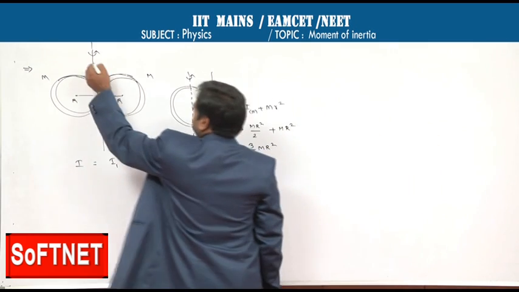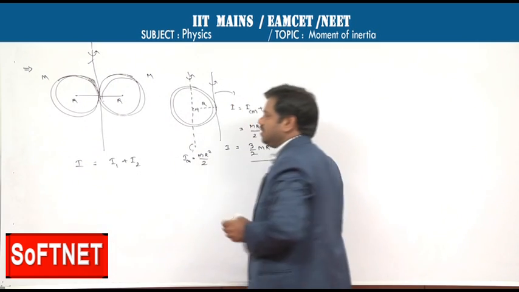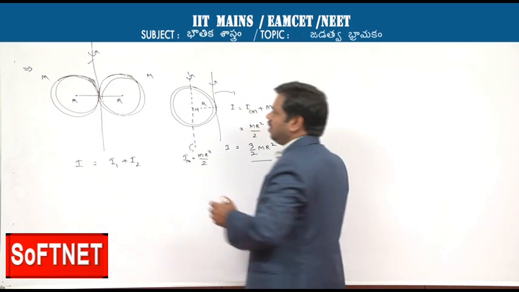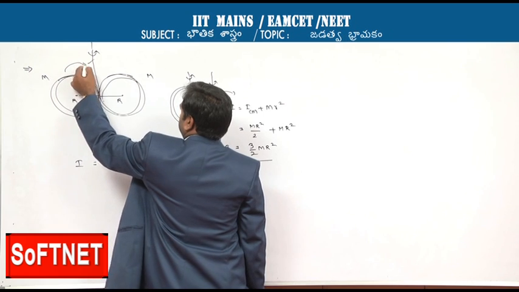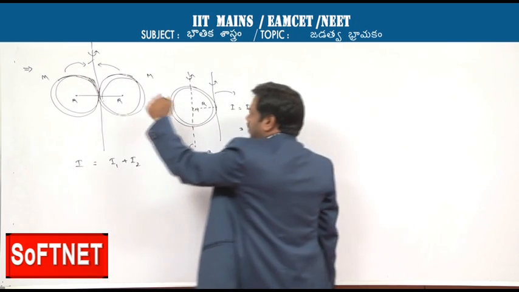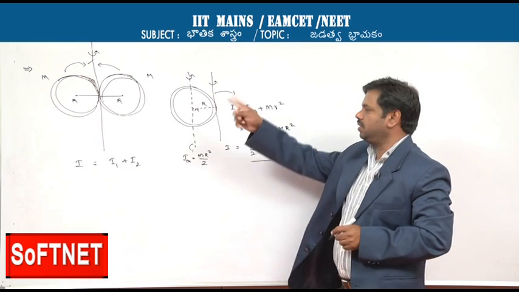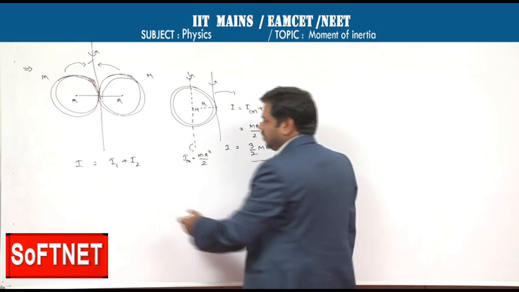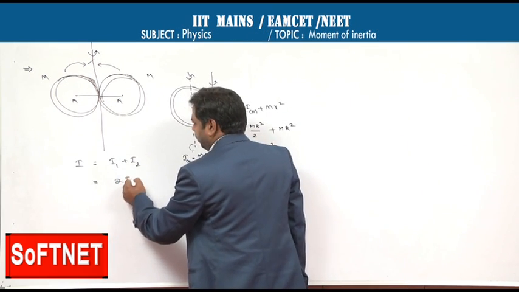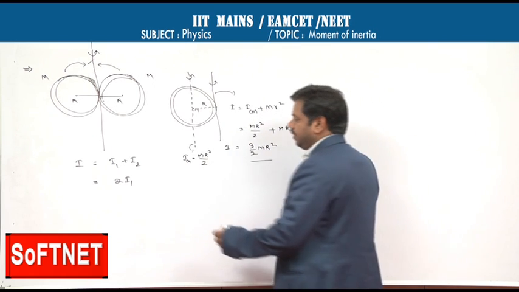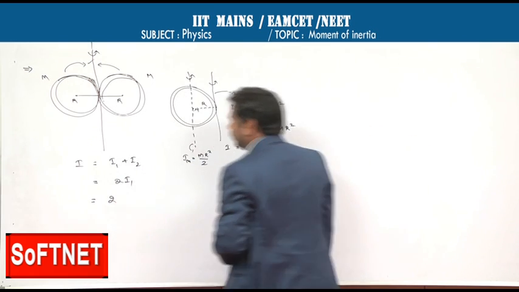Now this axis is tangent to both the rings itself. That means the moment of inertia of this ring with respect to this axis, and the moment of inertia of the other ring with respect to the same axis, are the same. So simply this can be written as 2 into I1.